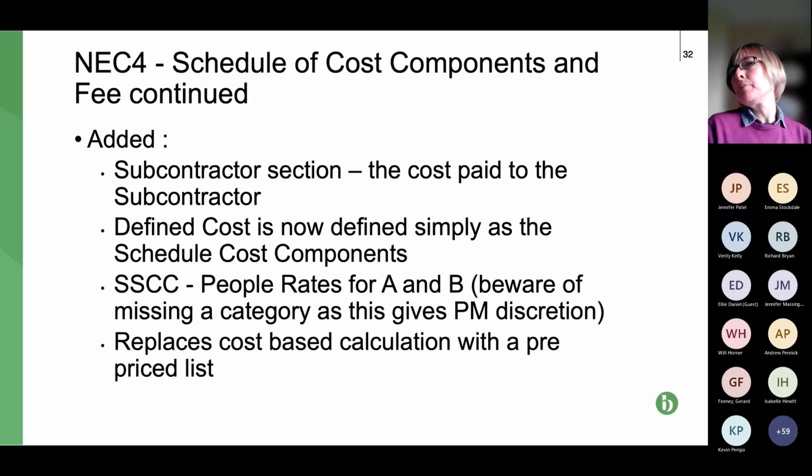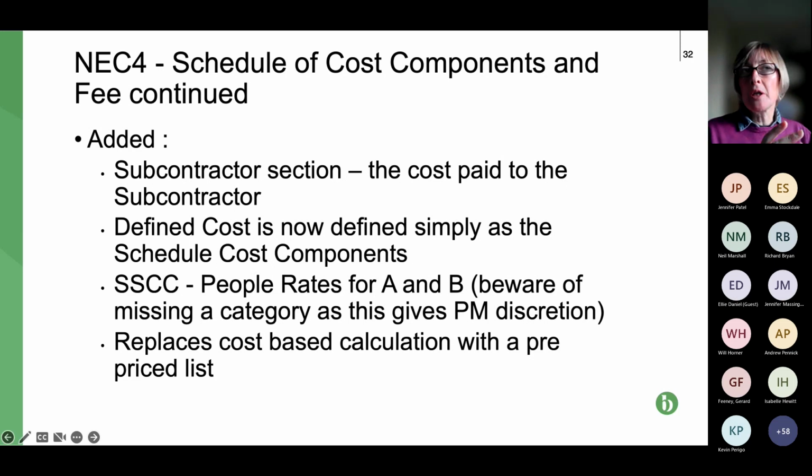It's not meaning that previously under NEC3 you can't claim for your subcontractors, because they're covered under the definition of defined cost. It just means that if somebody's new to NEC, they look at either of the schedules of cost components, and they can clearly see that subcontractors are included, whereas previously you would look at it and think, well, I can't see any reference to subcontractors, so how do we claim for them?